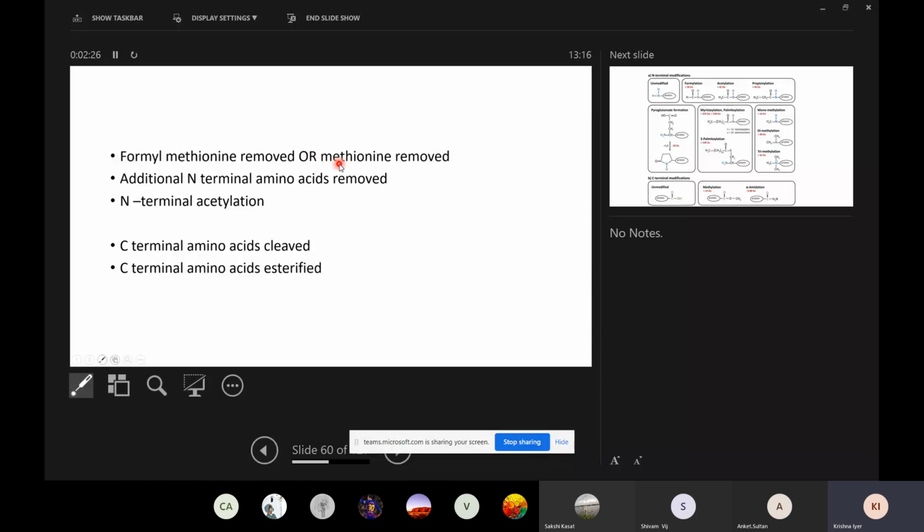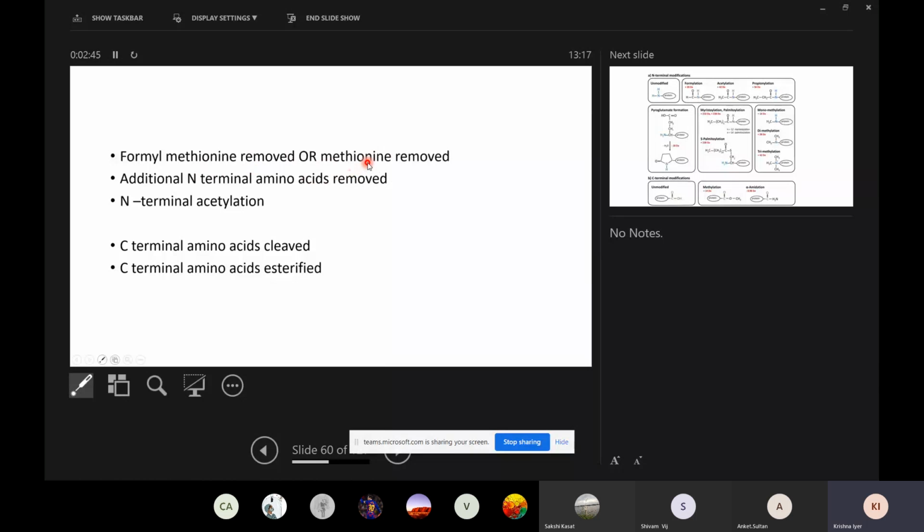But in many cases, in the final protein you don't find this formyl methionine or methionine, which means that something happens to the end of the protein after translation where these first amino acids are removed, or sometimes even more than one amino acid is removed.